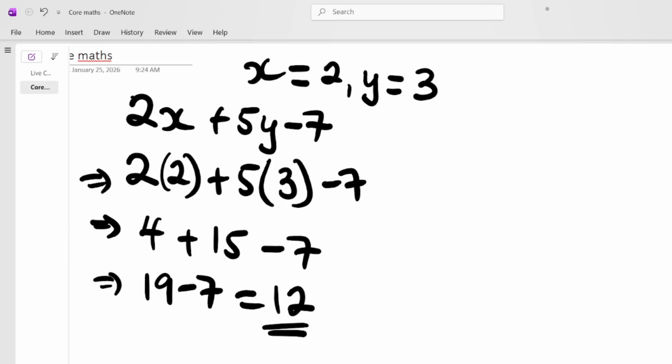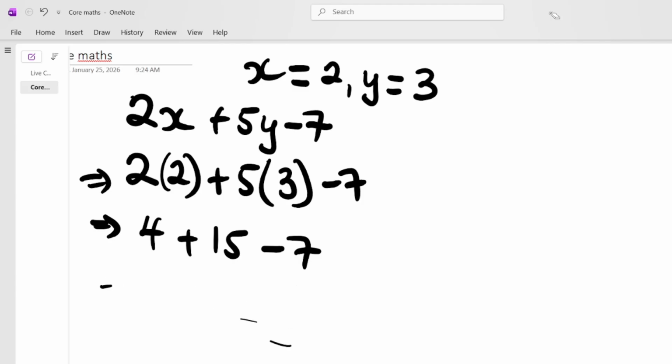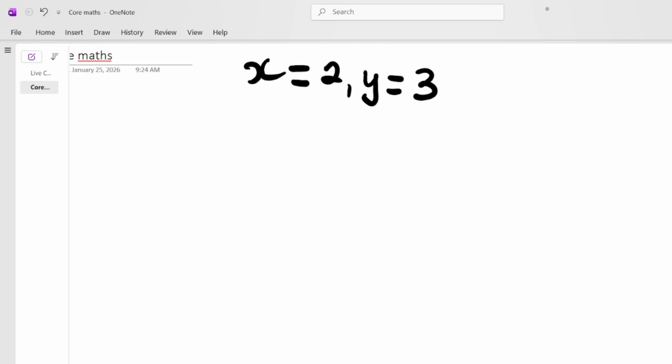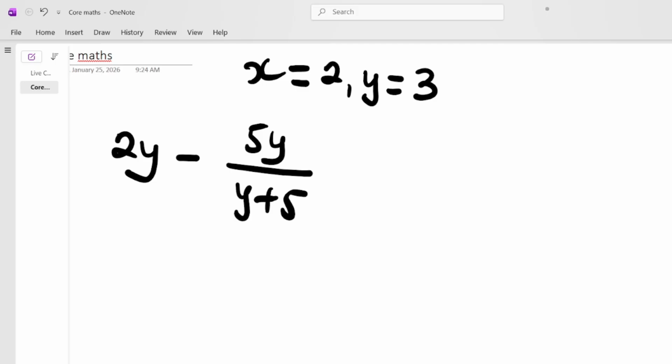So you see, substitution, you are given the value, you just substitute. It is quite simple if you know what you are doing. Let me solve another one. So we have 2y minus 5y over y plus 5. You see, this is one thing on one side and this is another.